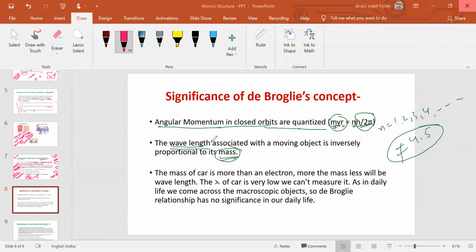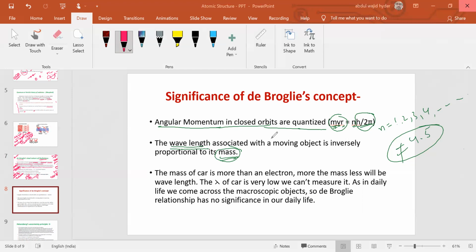That is wavelength, the distance covered by the wave. So which will travel more, elephant or horse? Horse will travel more. Why? Because its mass is less.